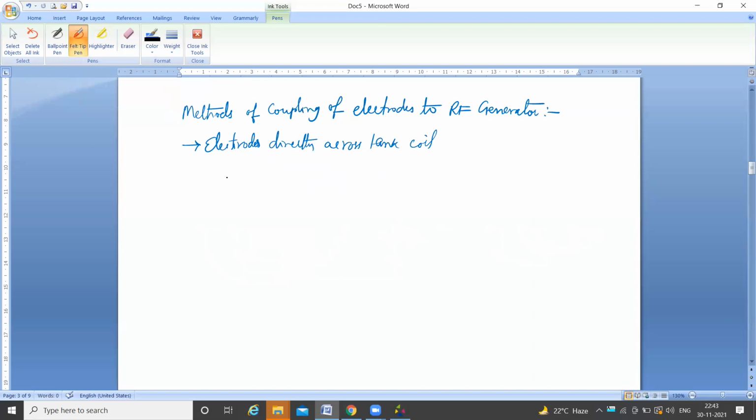Here, this is electrode 1 and this is electrode 2, with the dielectric material layer in between. And these electrodes are directly across the tank coil. The tank coil is the one here, a tank circuit, a combination of L and C, this capacitance and inductor.